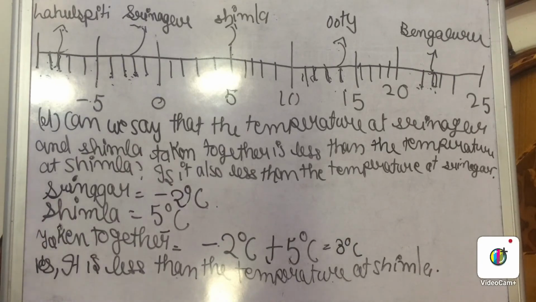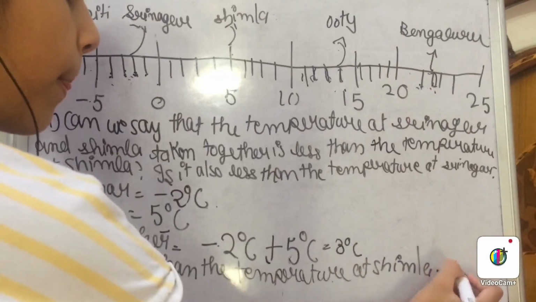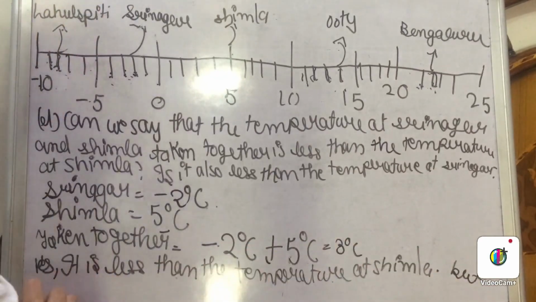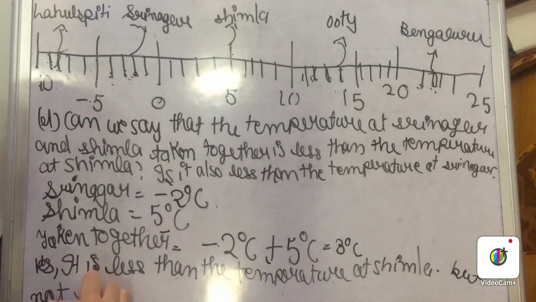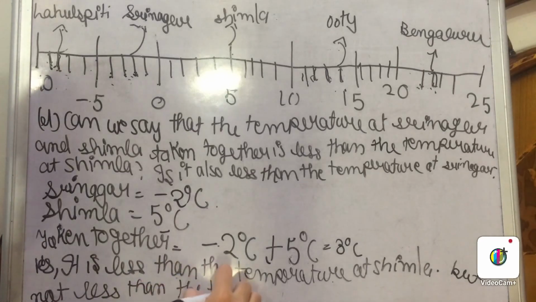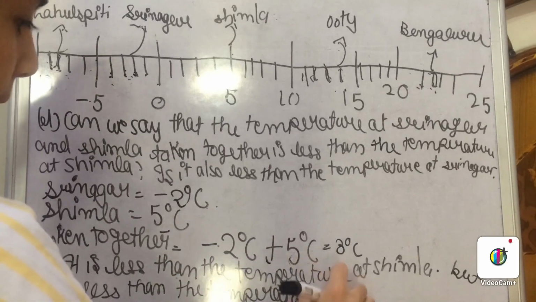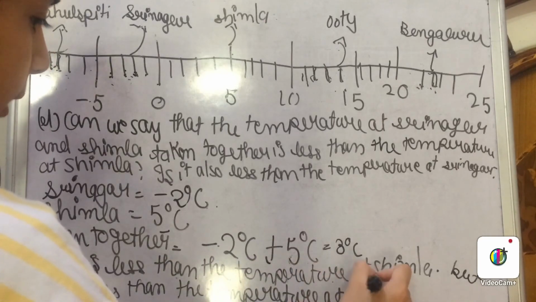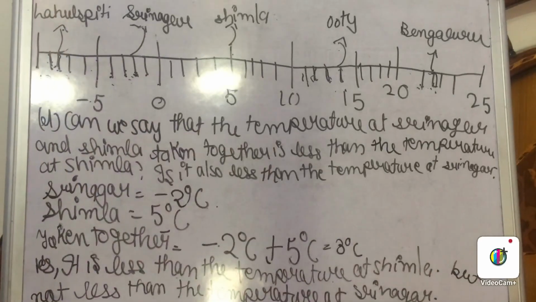So we can say that yes, it is less than the temperature at Shimla, but not less than the temperature at Srinagar. So this was the solution of our question number one. Now let us move to question number 2.